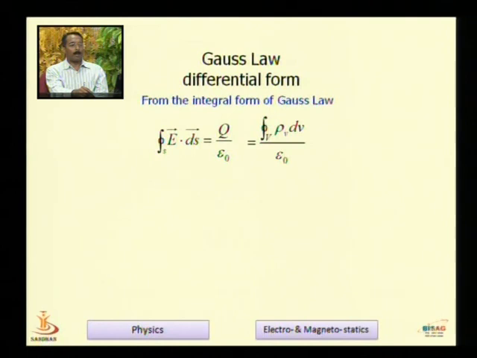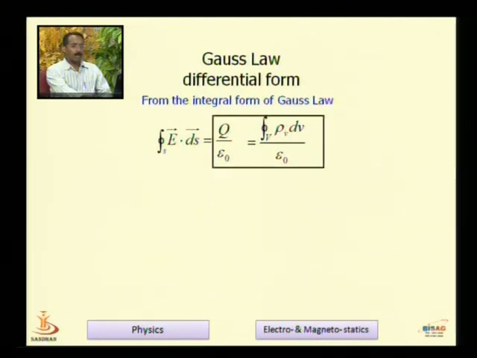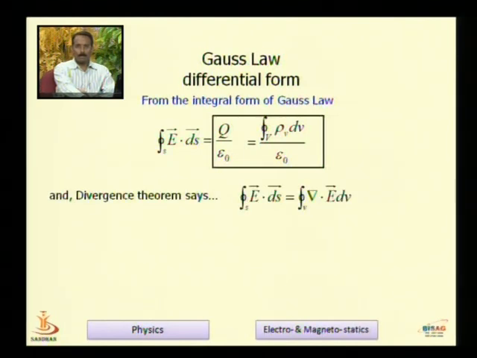We can write the same equation in terms of volume charge density. The total charge we can write as a volume integral, rho v dv, divided by epsilon 0, and these two things are equal. We have written Q equal to the volume integration of rho v dv. Now this is the divergence theorem.